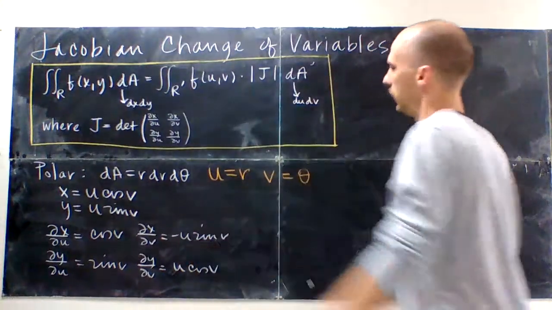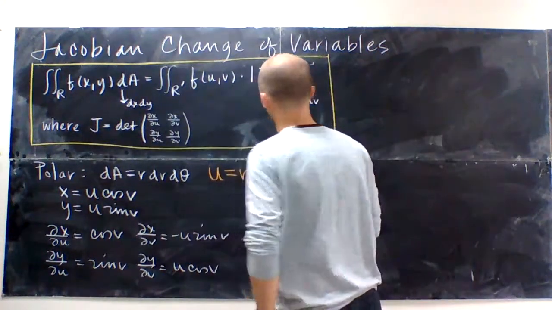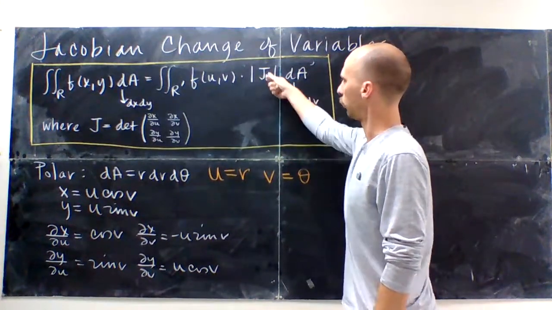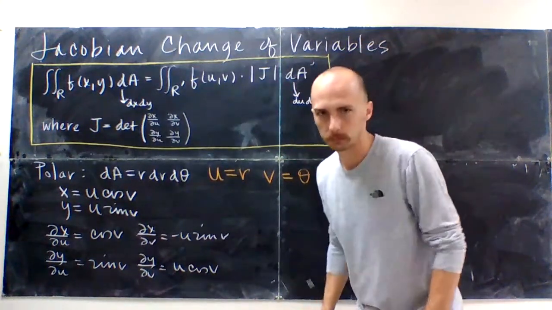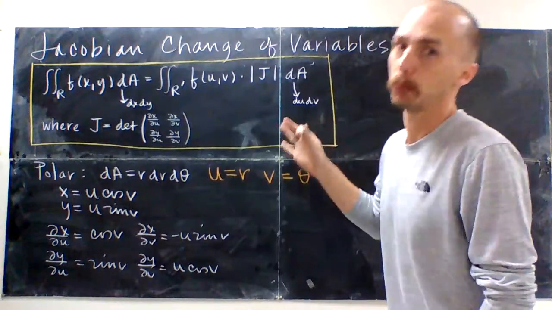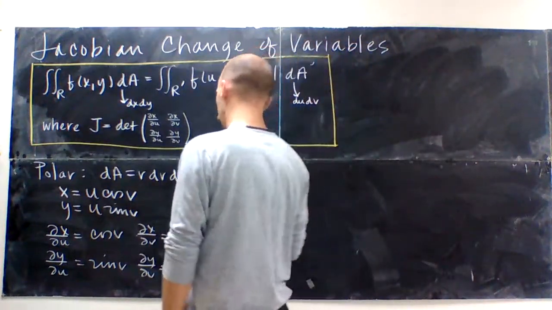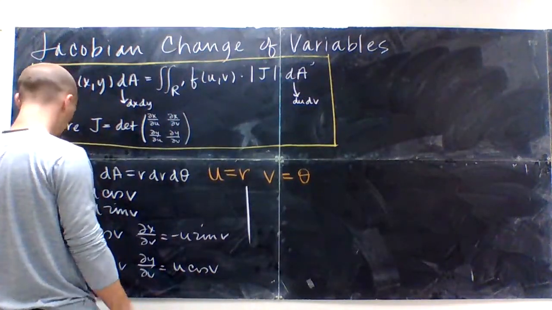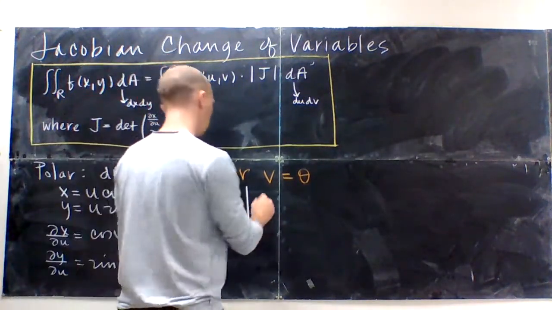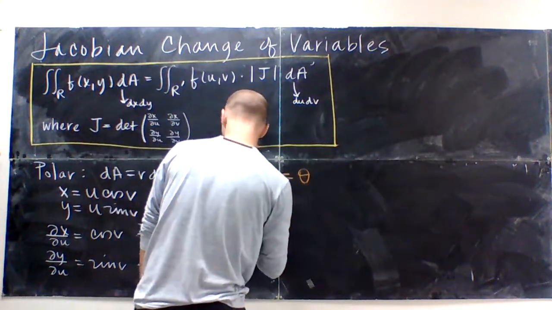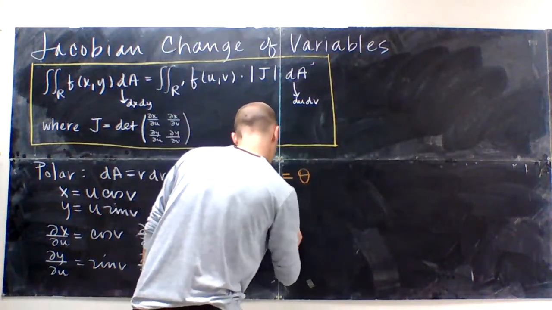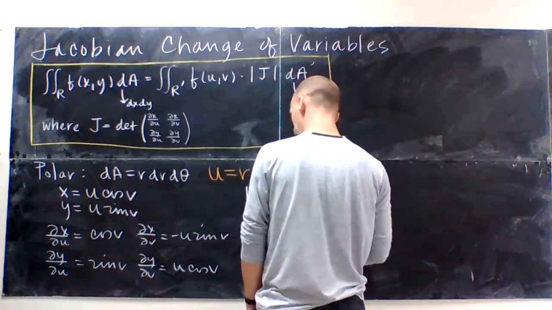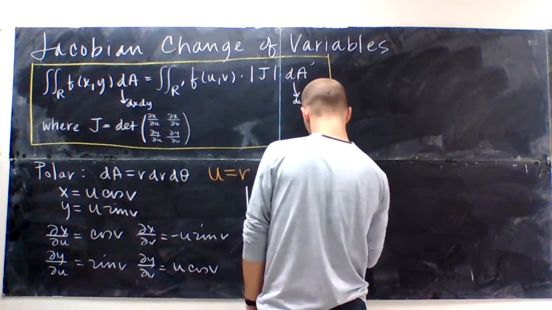So this Jacobian, remember it's dA is equal to the absolute value of the Jacobian times the other dA, A prime. All right, anyway, I'm going to take this determinant, and set it up so I can just copy: cosine v, sine v, negative u sine v, u cosine v.